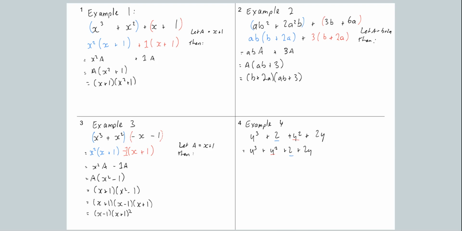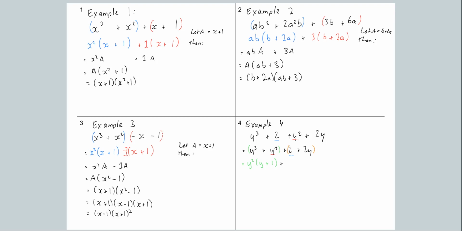But the benefit is I can now take these two and I can take these two, and you'll see it, I will have a common factor. I think I will anyway. Let's have a look. Y cubed and y squared has a common factor of y squared, which leaves me with y plus 1. Again, if I'm going too fast, just don't hesitate to pause the video and think about it for a bit.